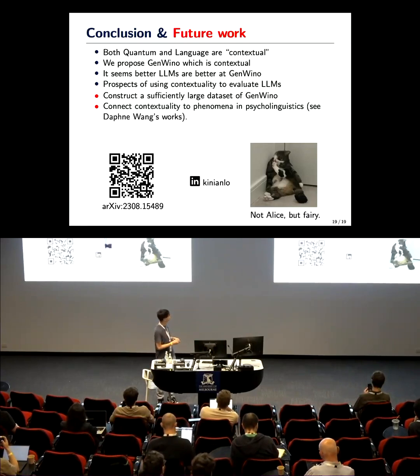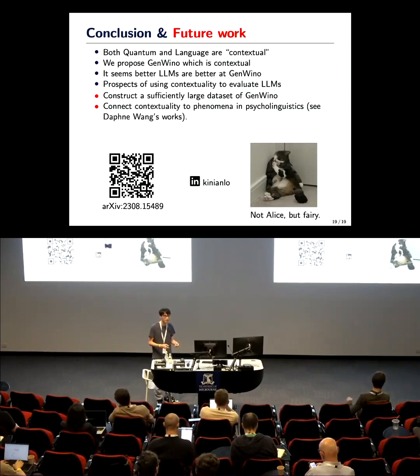And it seems like better LLMs are better at the generalized Winograd schema challenge. And that leads to the prospect of using contextuality as a benchmark to evaluate LLM reasoning abilities. And for future work, if we want to use it as a benchmark for LLMs, we need a sufficiently large data set of examples.